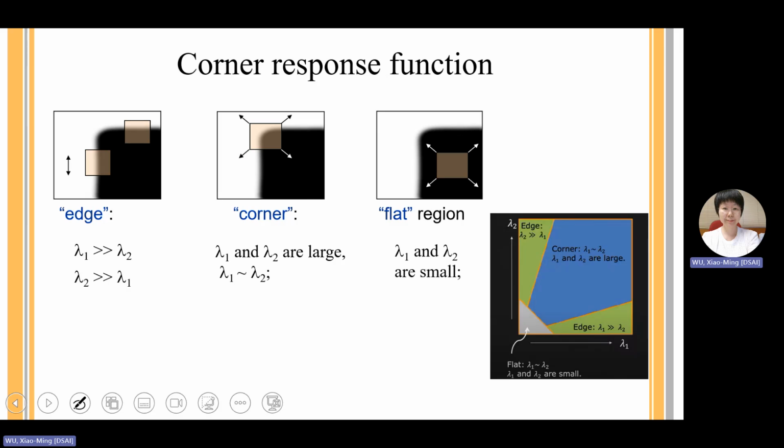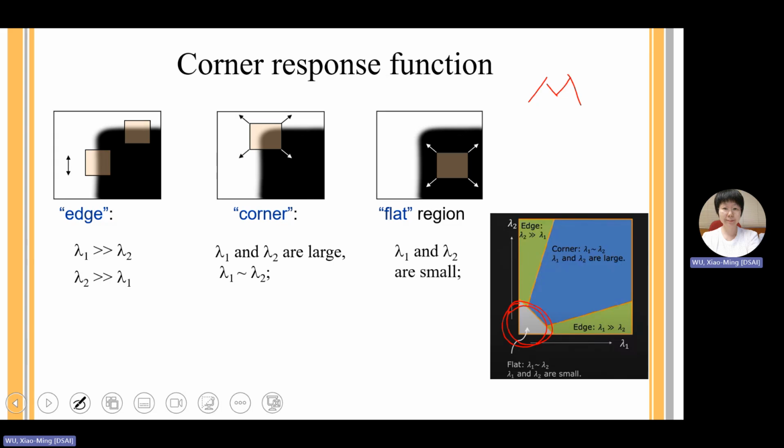Lambda 1, lambda 2 here are the eigenvalues of the matrix M. So in this region, when both lambda 1 and lambda 2 are small, it represents a flat region.